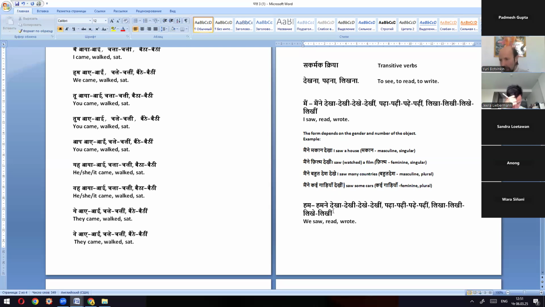Gari is a car. I saw some cars. मैंने कई गाड़ियां. Garia, it's a plural form of this feminine noun. Dekhi. Here we'll put this form of the verb, plural feminine in past definite. मैंने कई गाड़ियां देखी.